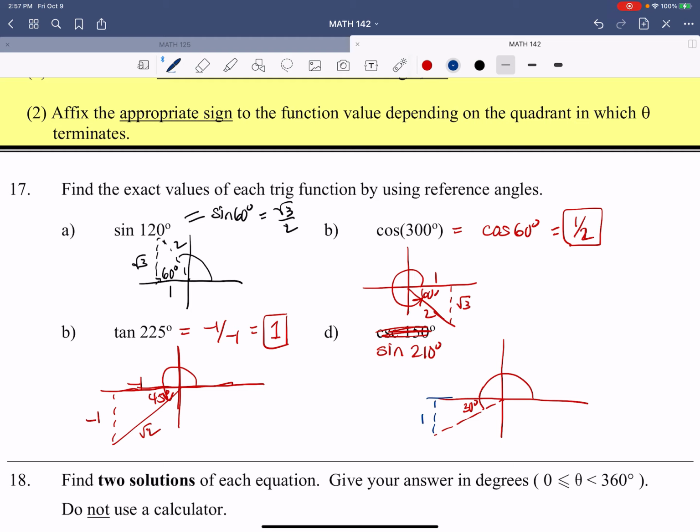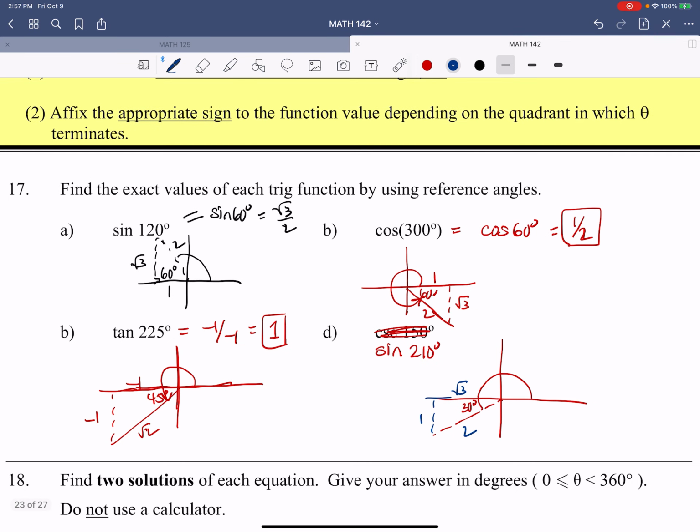I know the side opposite 30 is 1, the other one is root 3, and that's a 2. Now sine is negative in quadrant 3, so I'm going to put a negative there, and if I look at the reference angle, the sine is 1/2, and there it is. So it's a matter of finding the trig function of the reference angle and then affixing the appropriate sign.